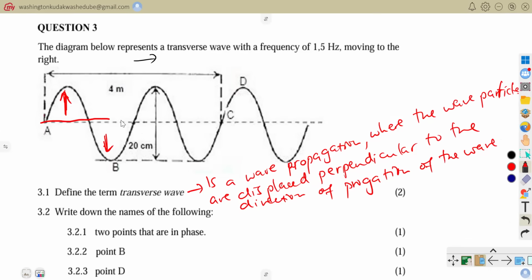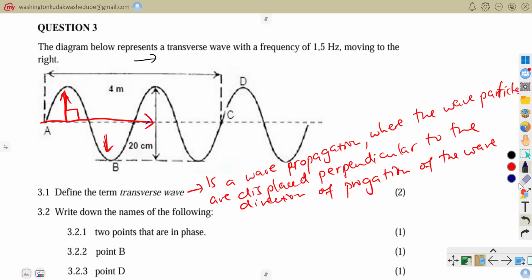But the direction of the movement of the wave is towards the right. So you can see that these two are at right angles. So that is what we call perpendicular to each other. So the direction of displacement of the wave particles is perpendicular to the direction of the propagation of the wave, or the direction of the movement of the wave. That is what you simply write there.